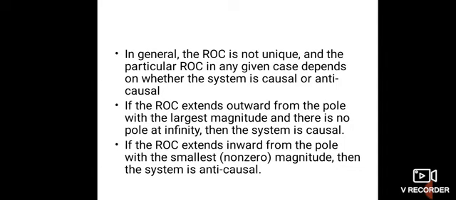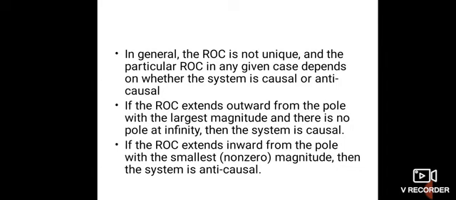The particular ROC in any given case depends on whether the system is causal or anti-causal. If the ROC extends outward from the pole location, with the largest magnitude and there is no pole at infinity, then the system is called a causal system.